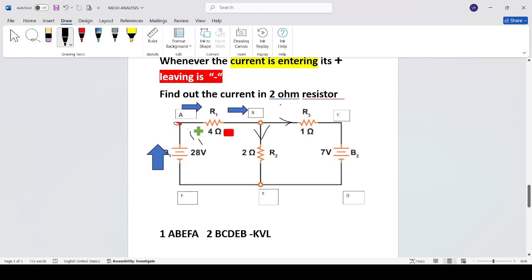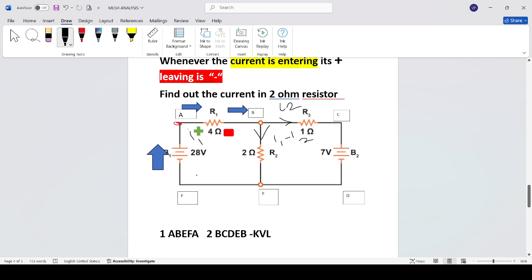I have named this as I2 and this as I1 minus I2.